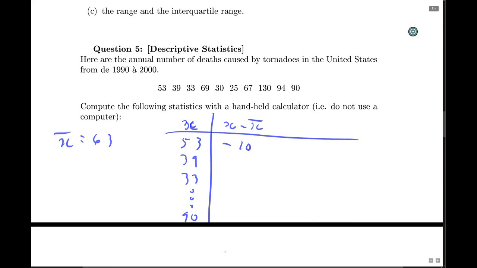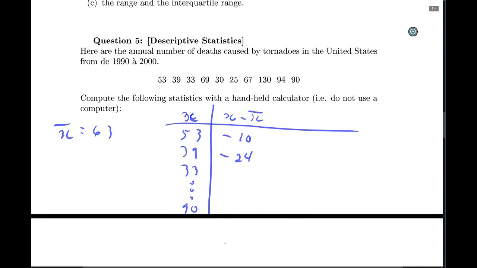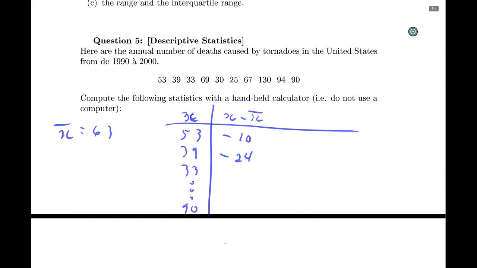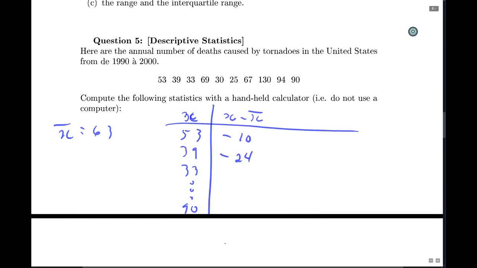I get minus 10. And then I get 39 minus 63, which is minus 24. Essentially, I want to know how far each of the observations deviate away from the mean. And so it's 33. I take away from 63, I get minus 30. And I do this for all 10 observations. For example, the last value, which is 90, minus 63 is 27.